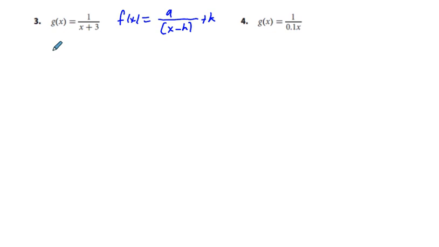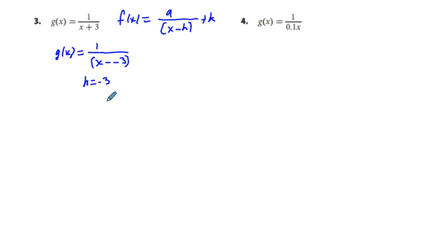Well, what we have here is g of x, rewriting this function, is equal to 1 over x minus negative 3. The reason I write it this way is because h has to equal negative 3.